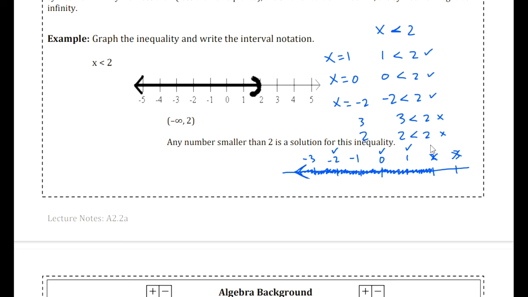Down at the right end, we want to shade everything up to 2. So how far do we shade up to 2? Well, everything up until 2 is included, so except for 2. So what we need to do is use a parenthesis here to exclude the 2. So to clean up the graph a little bit, we can erase these.